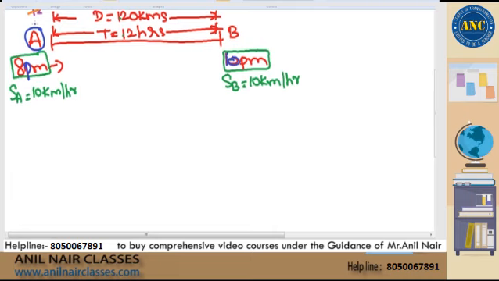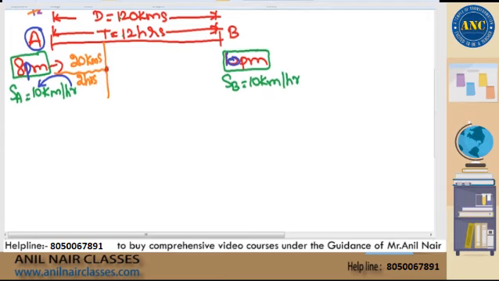How much time will A travel alone? For 2 hours. In 1 hour it will cover 10 kilometers, and it will travel alone for 2 hours. In 2 hours it will travel how many kilometers? 20 kilometers. That means train A is traveling for 2 hours alone, and it is covering 20 kilometers.